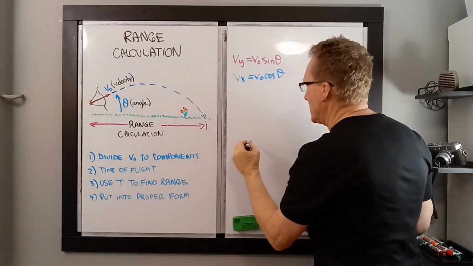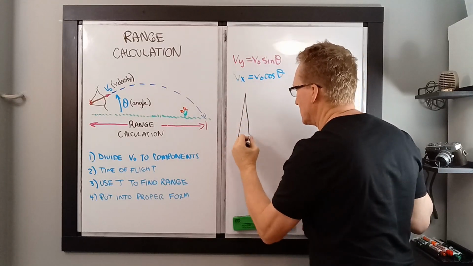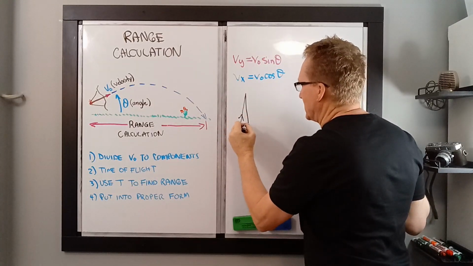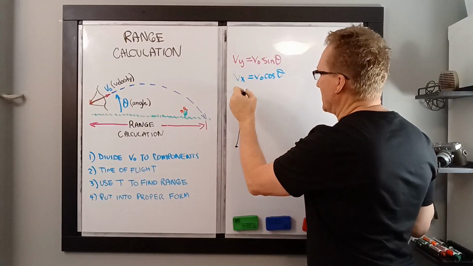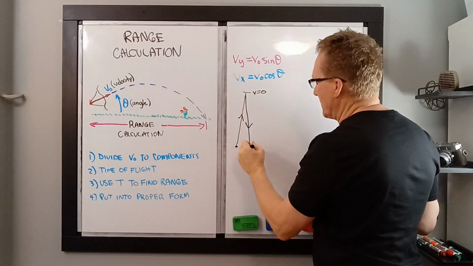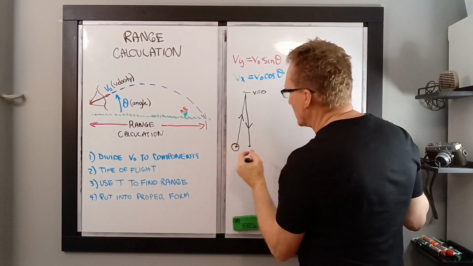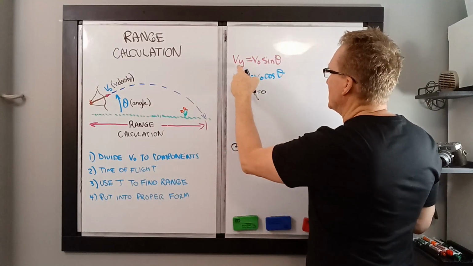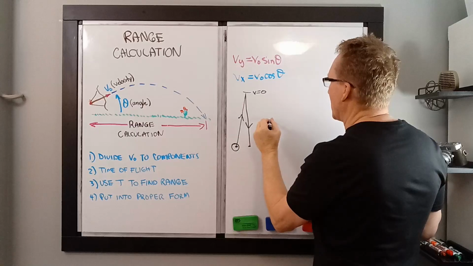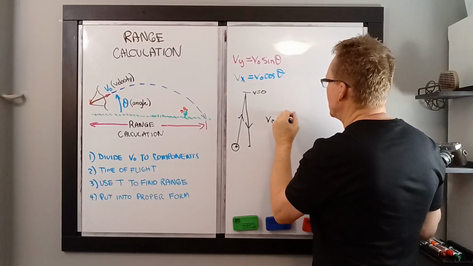So if you think about it, I'm going to stretch it out a little bit. This is sort of what the arrow would do. It would start off going up, it would go to a peak where the velocity would be 0, it would turn around and it would come back again. The initial y component going upward would be v0 sine theta.